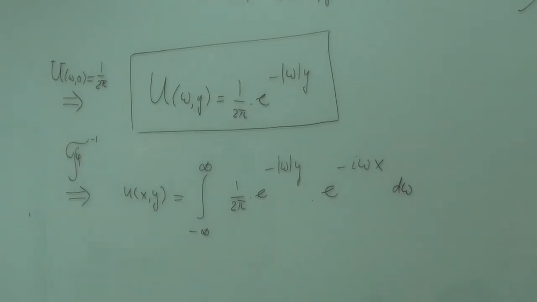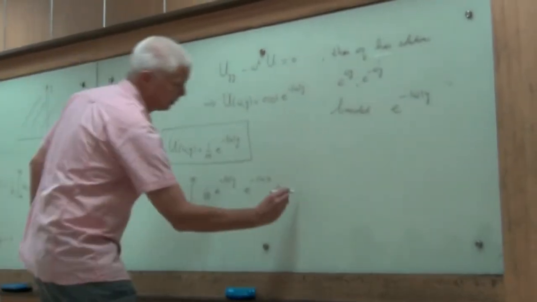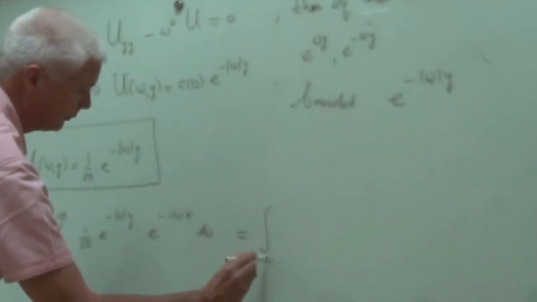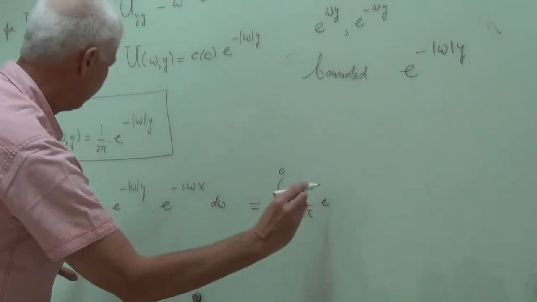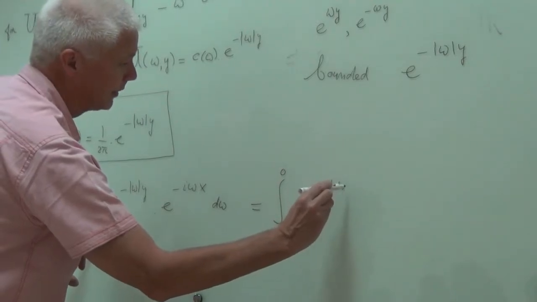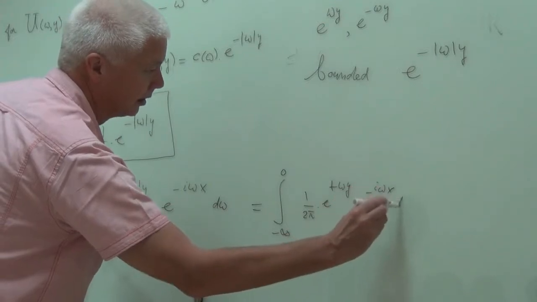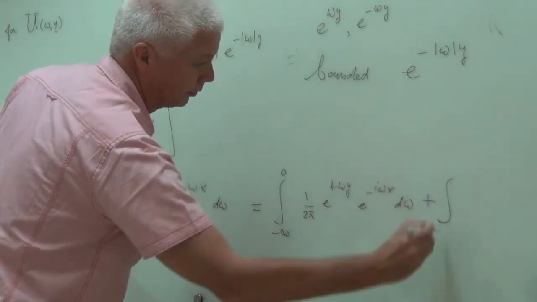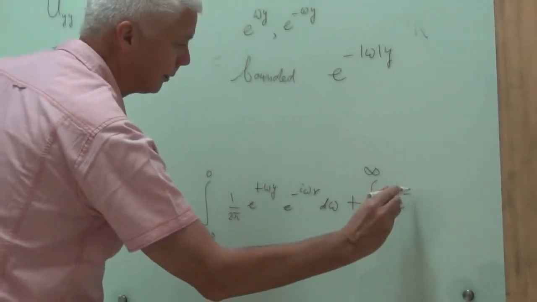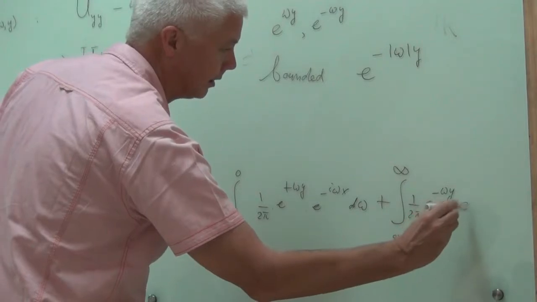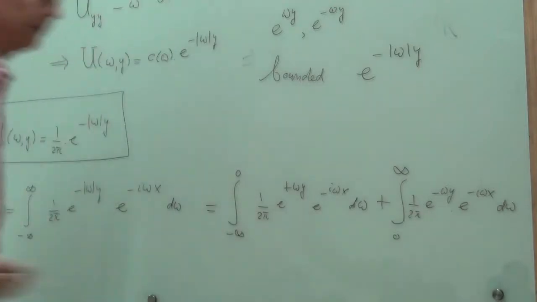Well, to compute this integral, I first have to get rid of these absolute values. So I split up this integral into the part from minus infinity to 0, 1 over 2 pi e to the power plus omega y times e to the power minus I omega x d omega, plus the integral from 0 to infinity 1 over 2 pi e to the power minus omega y e to the power minus I omega x d omega.